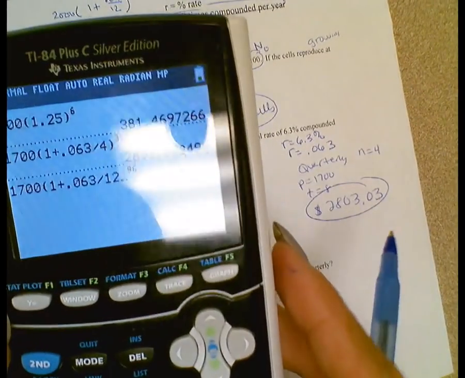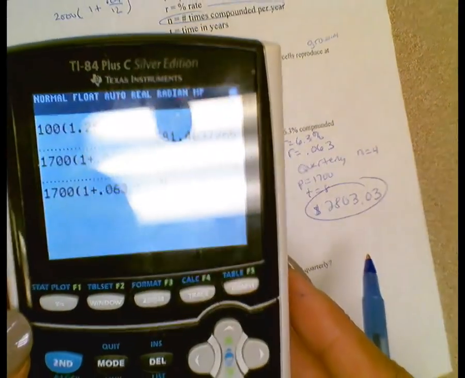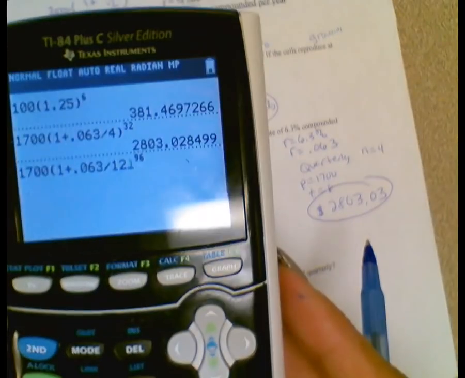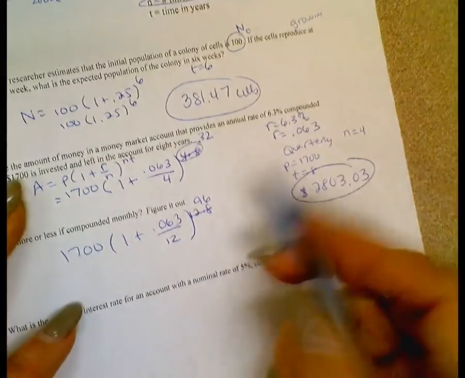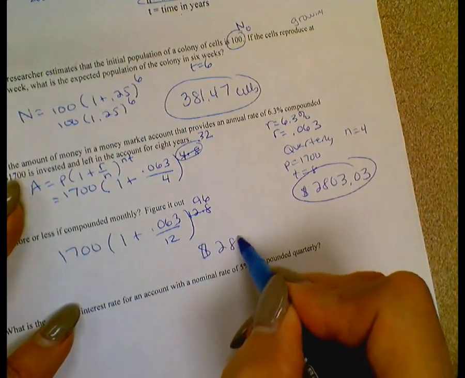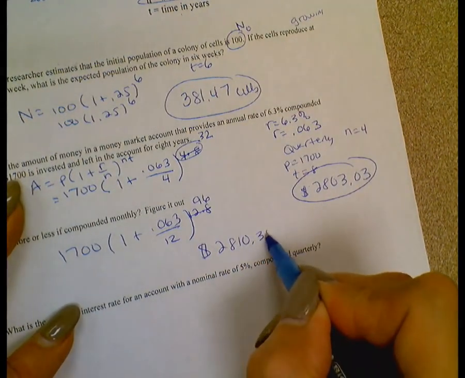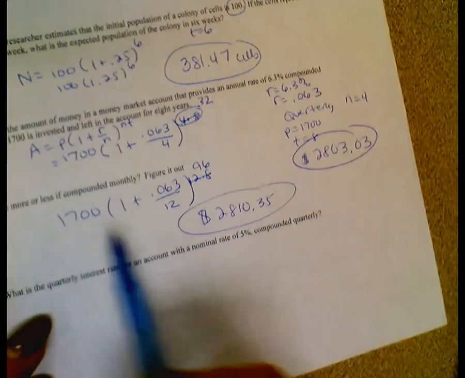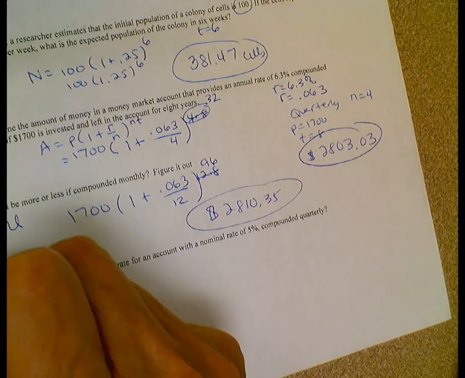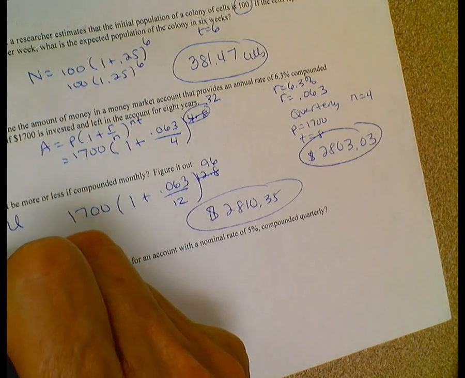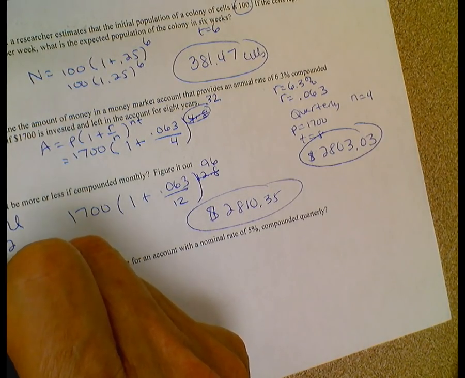Second insert 2. So it looks like everything else is the same. And press enter. So it looks like it's going to be more. $2,810.25. Will it be more or less if compounded monthly? You'll have more. About $7.22 more.